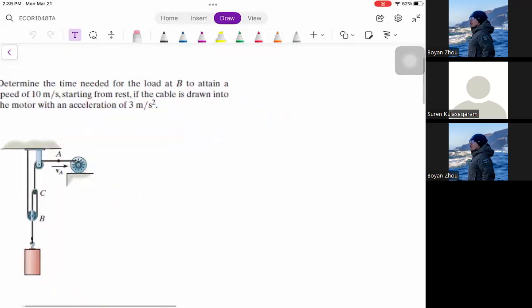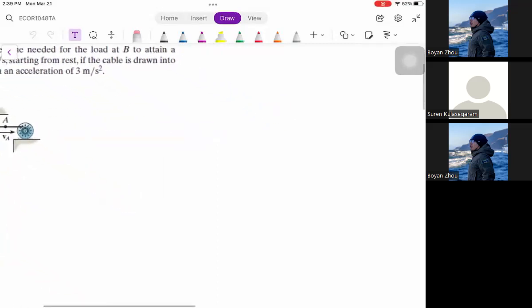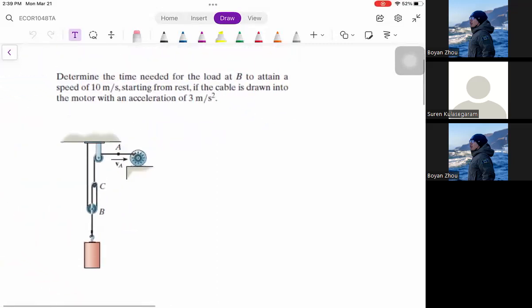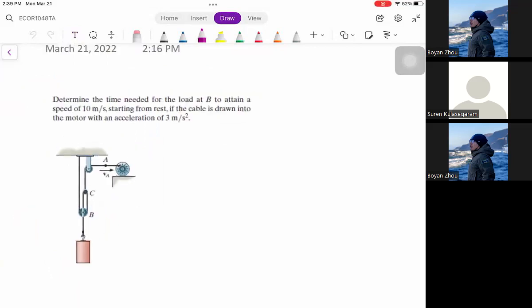So let's do the first one. For all the pulley questions, when you see a pulley like this, the first thing you want to do is set a datum. It's based on what position or line we draw to measure the distance. For this question, for example, I can set a datum right here.